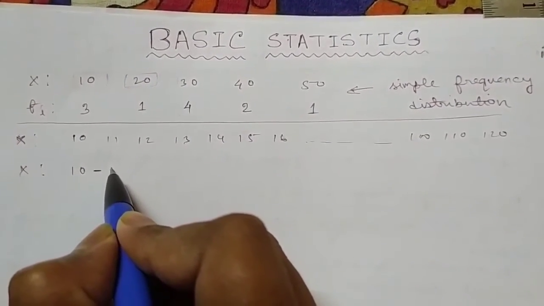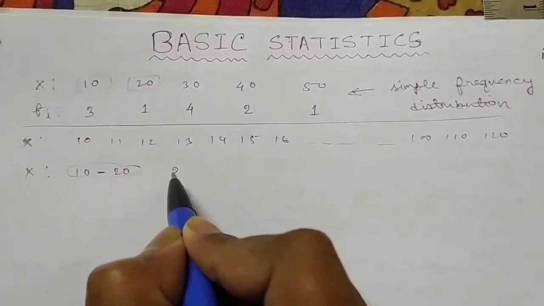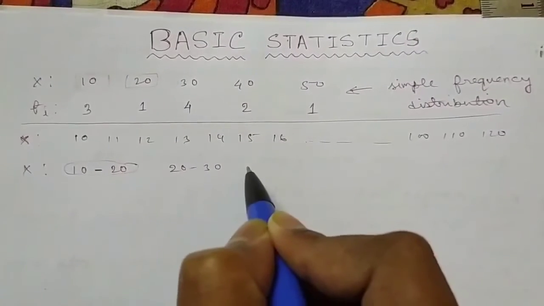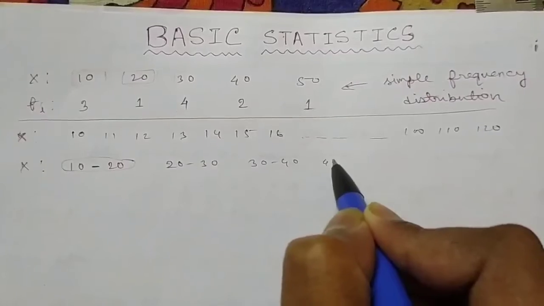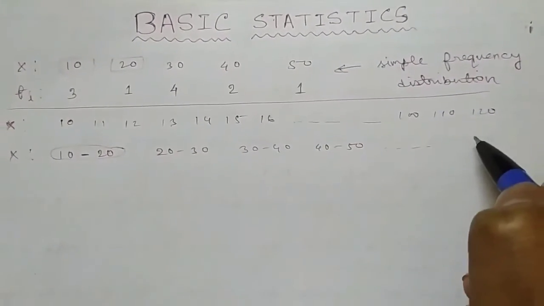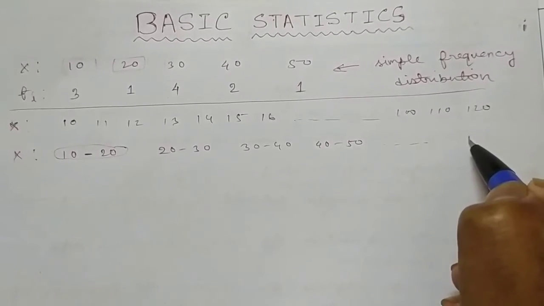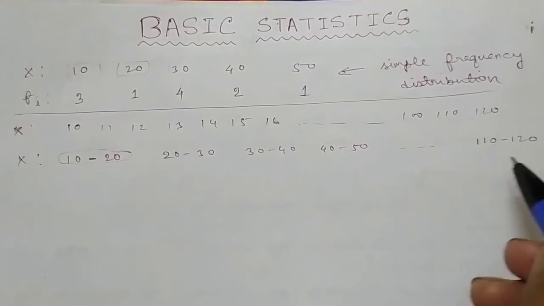Like if we take 10 to 20 as a given data range, then 20 to 30 is a given data range, 30 to 40 is a given data range, 40 to 50 is a given data range, and so on, up to, let's take, 110 to 120.